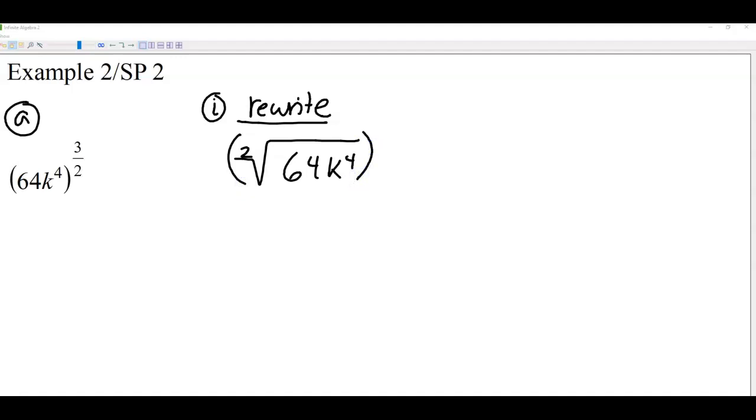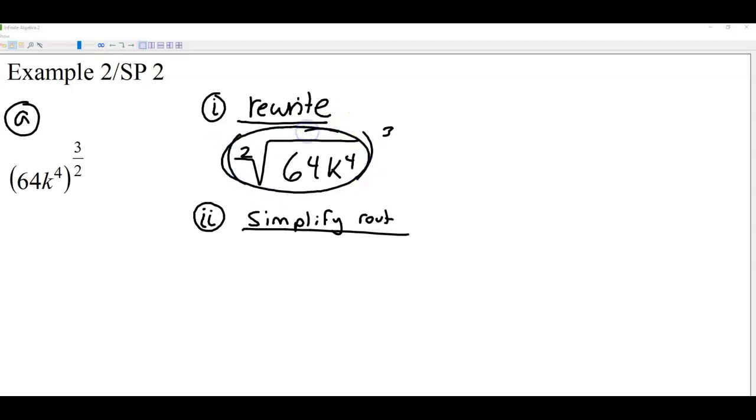And then out here we're going to put 3. All right? So the next part we're going to do is we're going to simplify the root. So that's this part. Okay? So I'm going to show my work on the side and just put my final answer here.